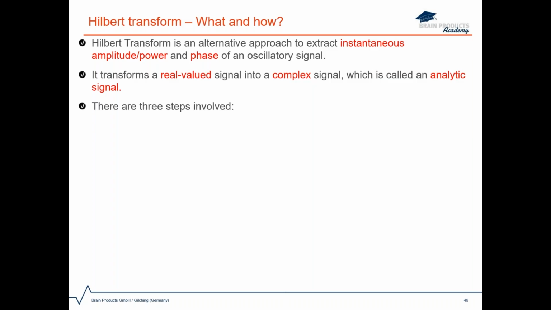There are 3 steps involved in computing Hilbert transform. First, the FFT of the input signal is calculated. Let's say the input signal is a 10 Hz signal with an amplitude of 10 microvolt.